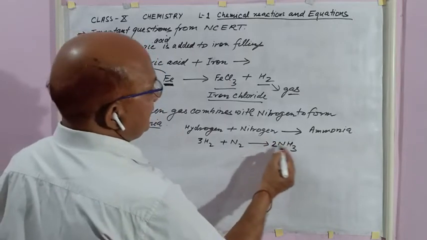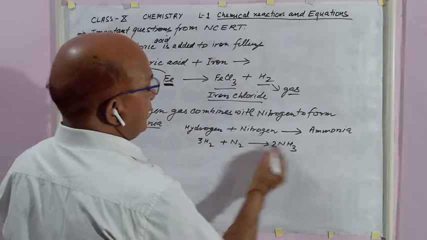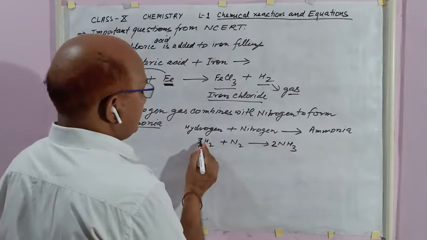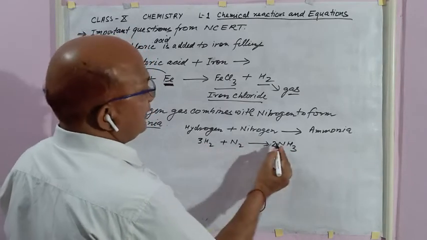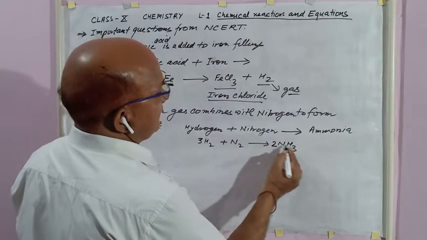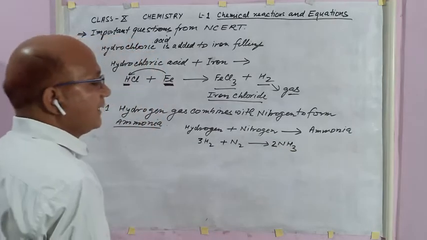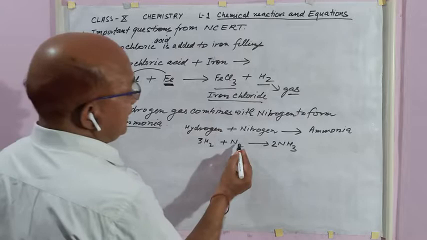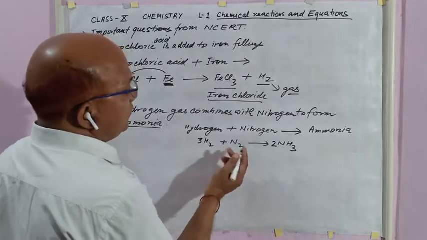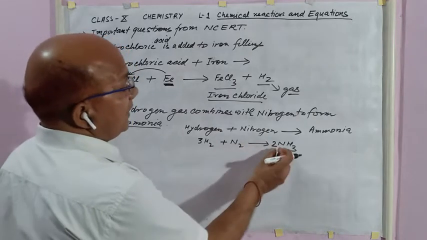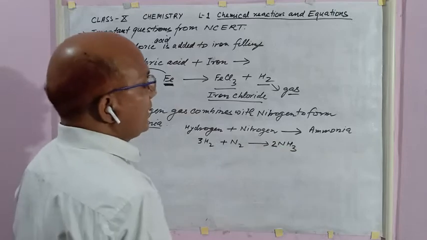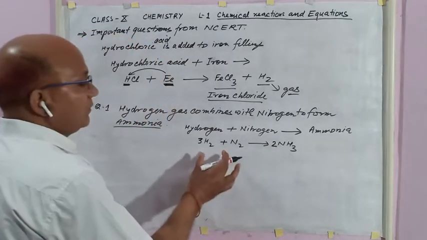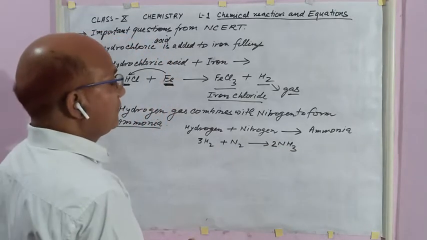So 2 3s are 6. So on both sides there are 6 hydrogen, on the left side and the right side. And for nitrogen, N2 means 2 nitrogen atoms and 2N means 2 nitrogen atoms. So this is the balanced equation.